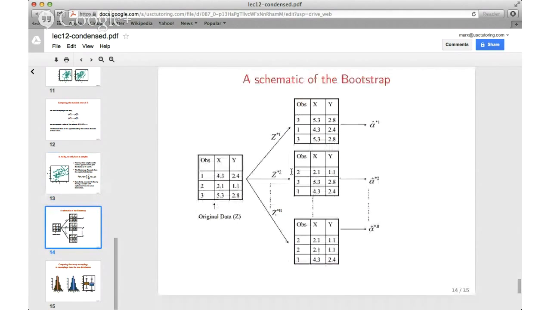So look at this schematic of the Bootstrap. This is the original data. What you would do is take the original data, and the first Bootstrap will pick data points 3, 1, 3 and give you an alpha for it. The second Bootstrap will pick another random 3 points, which would be 1, 2, 3.